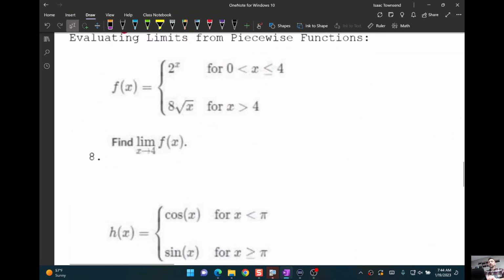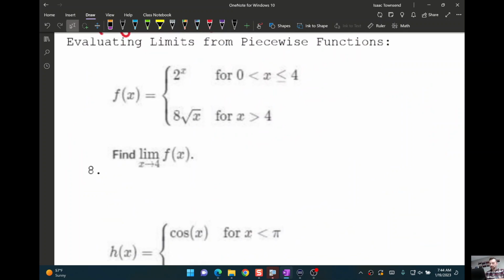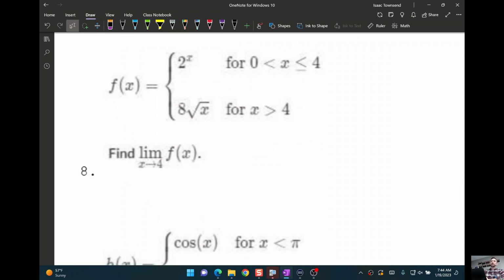I'm saying that because on the piecewise function, now this is not indeterminate form, this is just direct substitution, but it does require you to know a little bit about limits, and it forces you to know how to read this piecewise function, which is just something that, again, you guys don't get enough practice on.